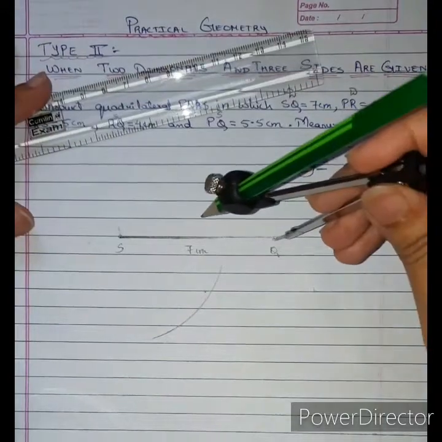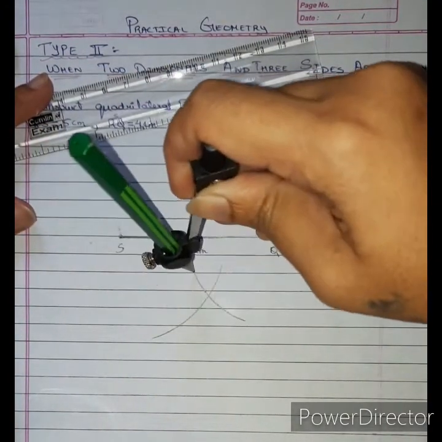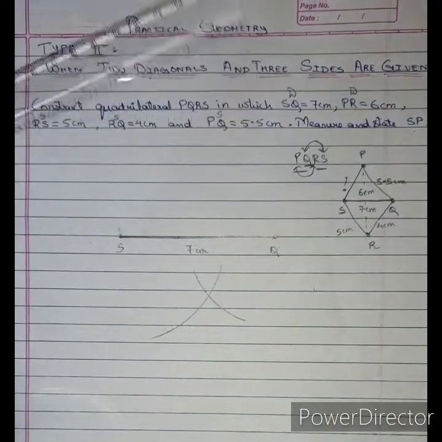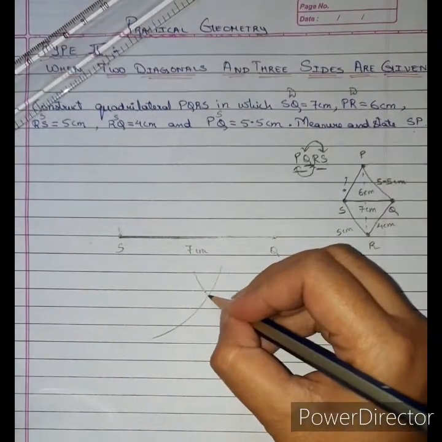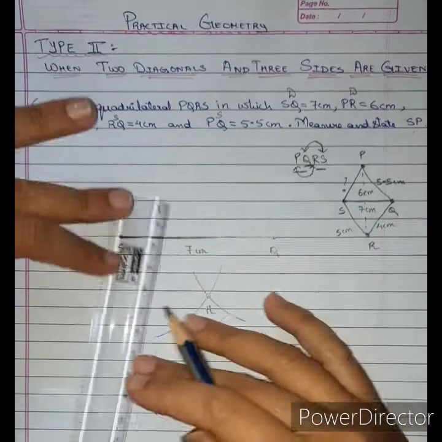So from Q as the center, I cut the arc at 4 centimeter. Now I have a point here which will be point R, and join the line.